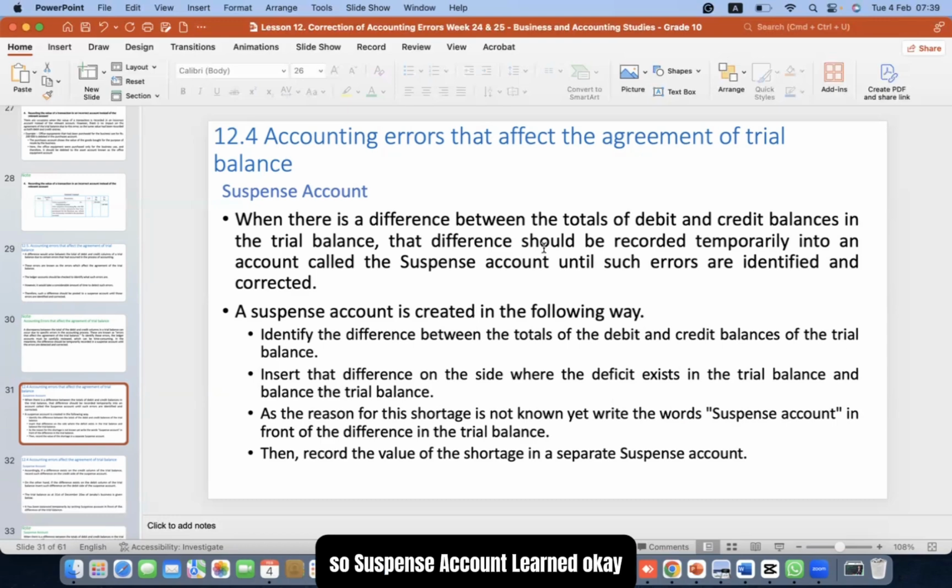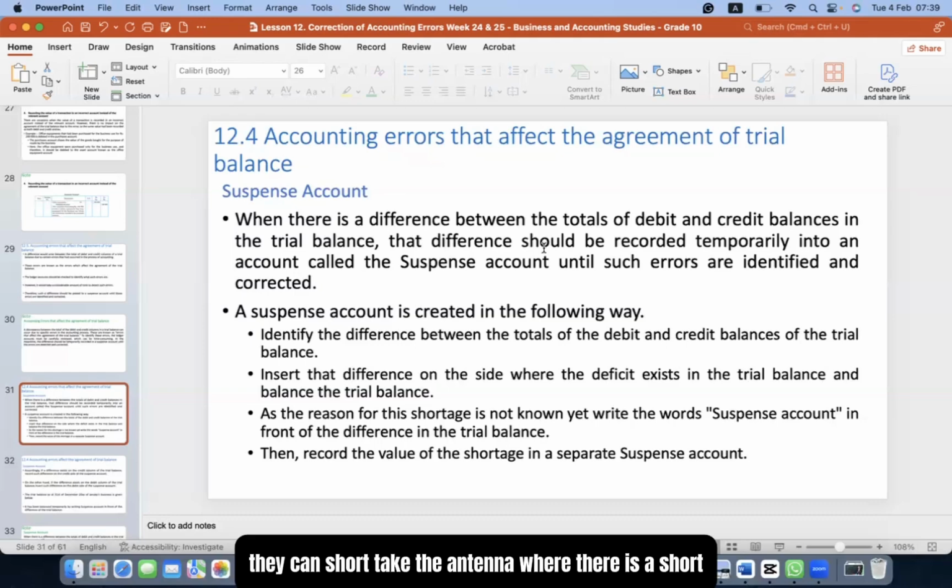So we learned how to create the suspense account. Okay, first we identify the difference between the debit and the credit side of the trial balance. Then we insert that difference on the side where the deficit exists, where there is a short, and we name the reason for that difference as the suspense account.